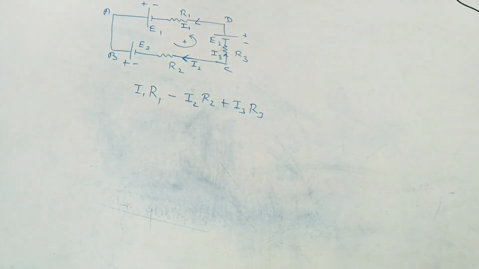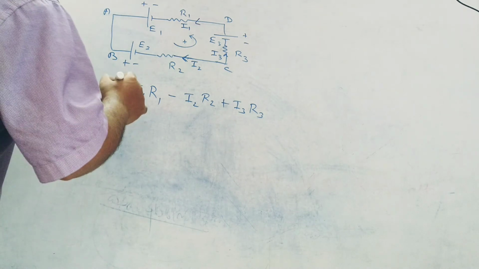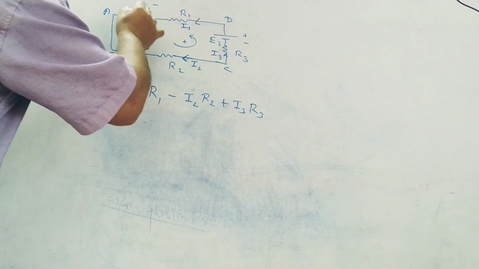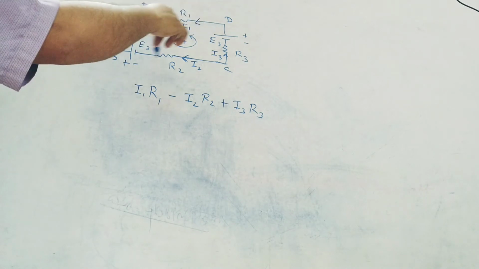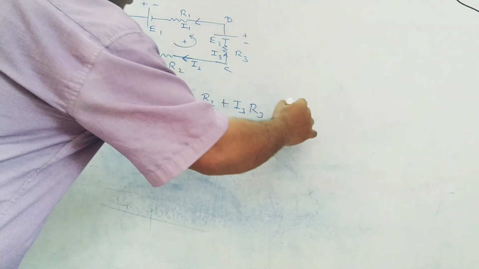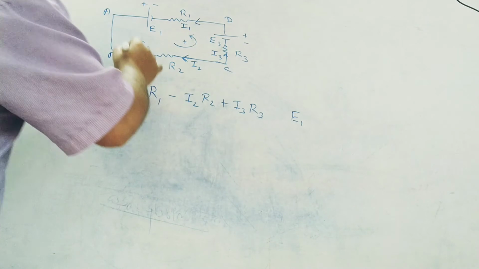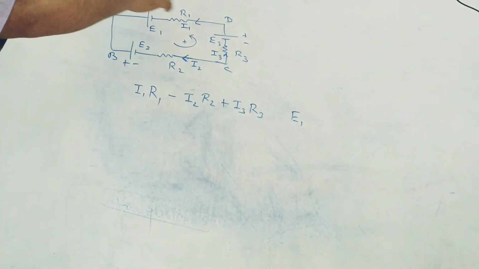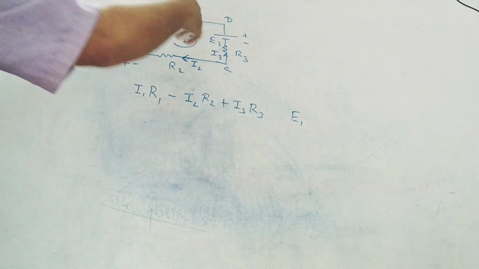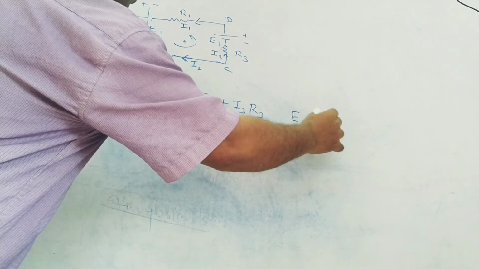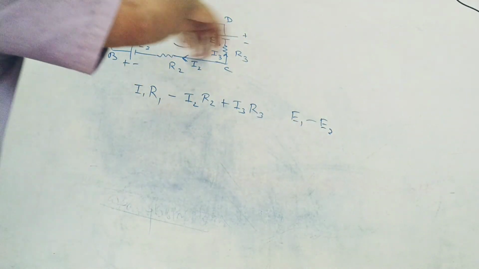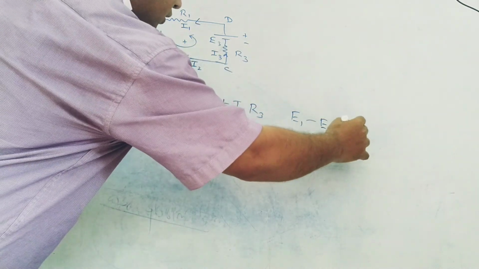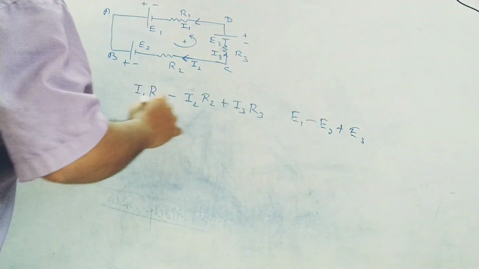Again, E1 gives the current in anti-clockwise direction. That's why E1 is positive. E2 acts in clockwise direction. That's why E2 is negative. E3 acts in anti-clockwise direction. That's why E3 is positive.